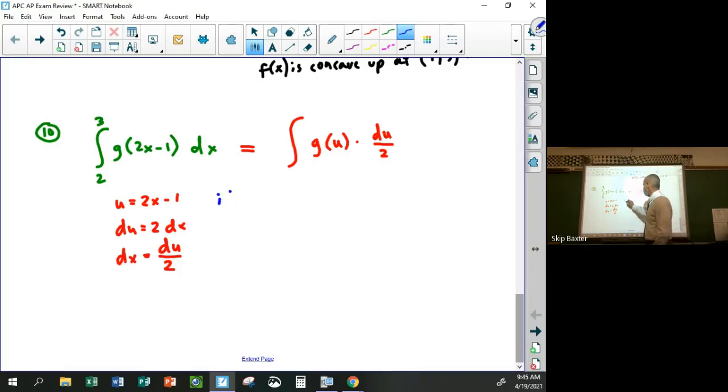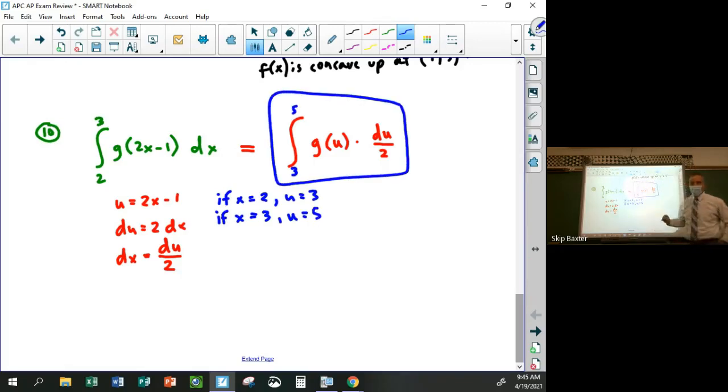If x is 2, which these are x values, then u would be 4 minus 1, which is 3. So that goes here. And if x is 3, then u would be 6 minus 1, which is 5. So this is the answer right here. The integral from 3 to 5 of g of u divided by 2, which is choice D.